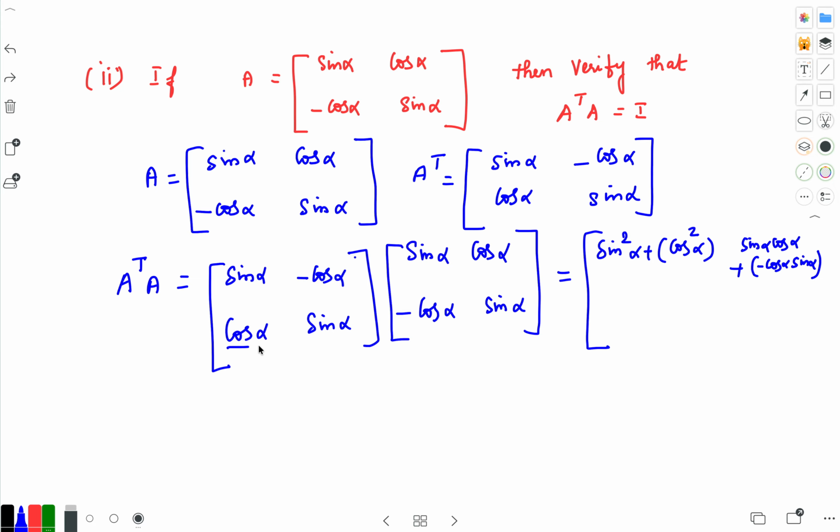Then the second row with the first column: cos alpha into sin alpha plus sin alpha into minus cos alpha is minus sin alpha cos alpha. Next, second row with the second column: cos alpha into cos alpha is cos square alpha plus sin alpha into sin alpha is sin square alpha.